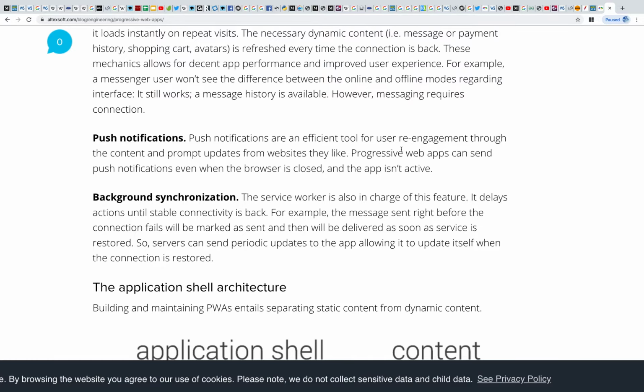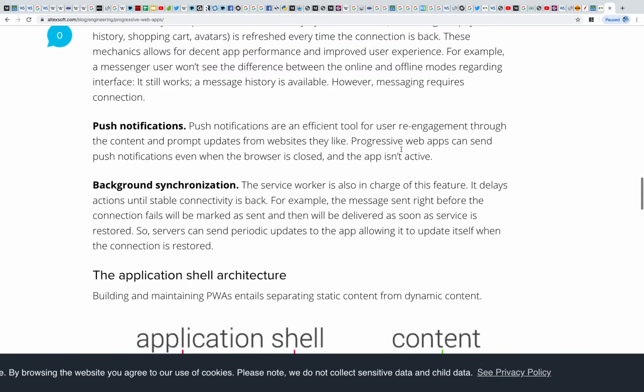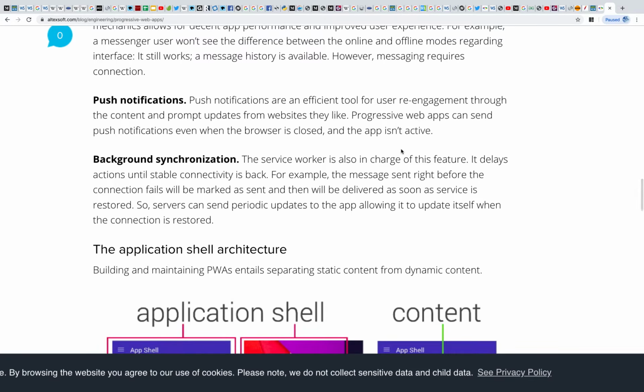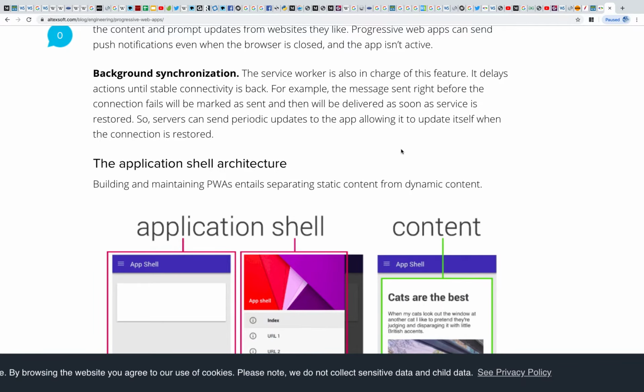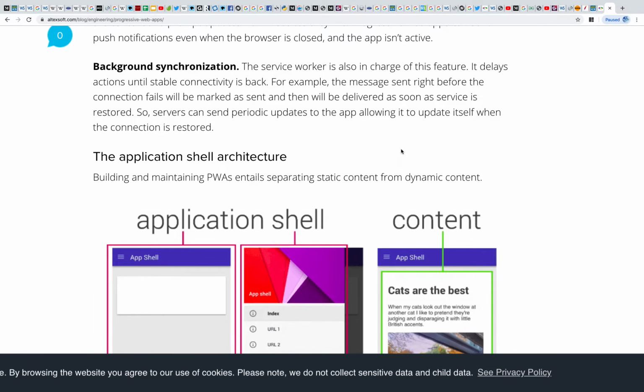Like you get LinkedIn notifications and things like that, because that works in the background. These apps can do that too. There are also background synchronization capabilities to synchronize them to databases.